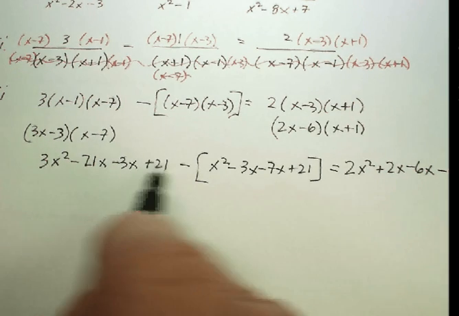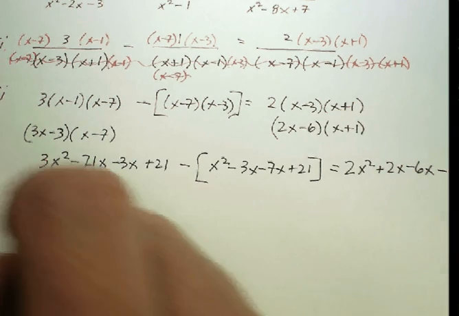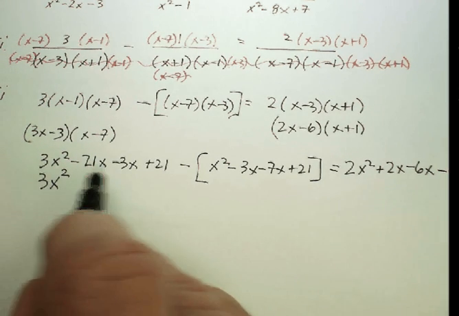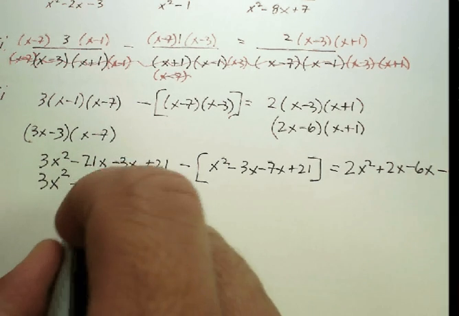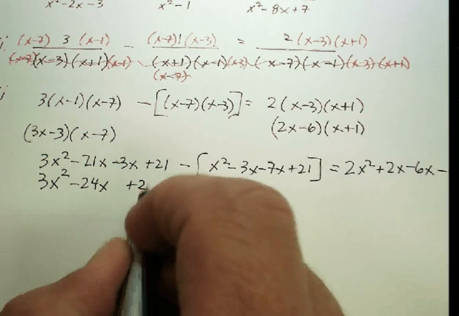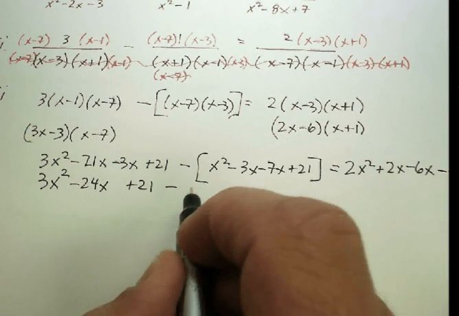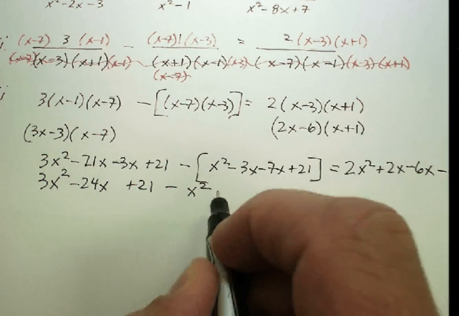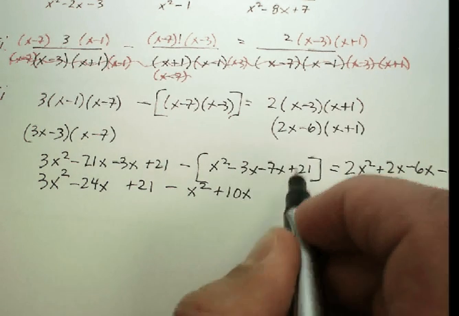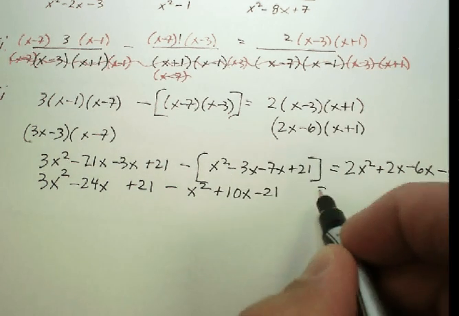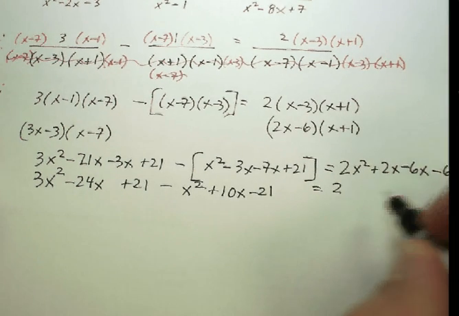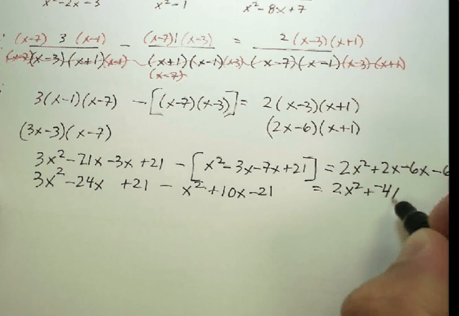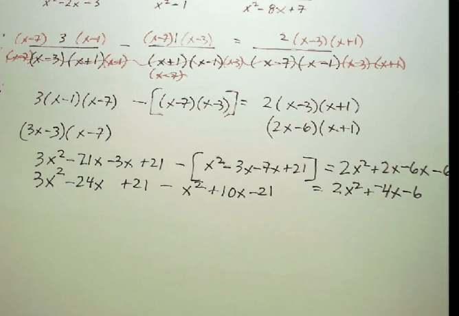I think the thing I need to do now is probably distribute that negative first and start adding up my like terms. Minus 21 minus 3 is minus 24. Let's distribute that negative. That'd be negative x squared. That'd be minus 10, so it's going to be plus 10x minus 21. Over here it's just going to stay the same. Actually minus 4x, sorry, minus 6.